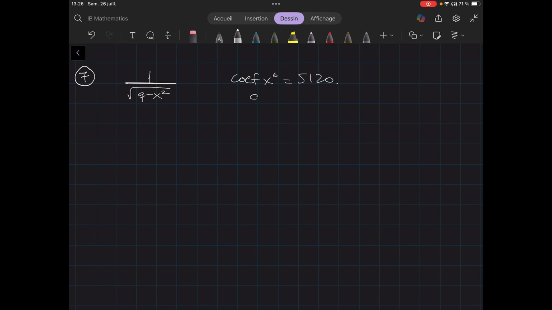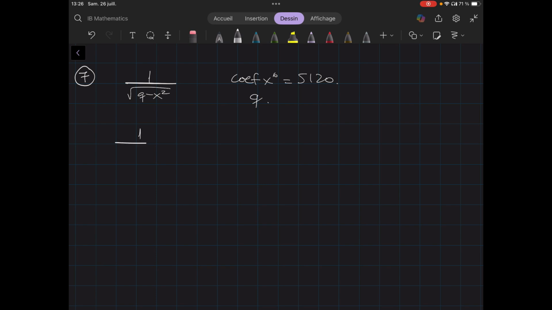Find the value of Q. This is a 6 marker, so pay a lot of attention to the signs. There is usually not a lot of partial credit in these questions. So slow down, take your time, it's gonna be alright.